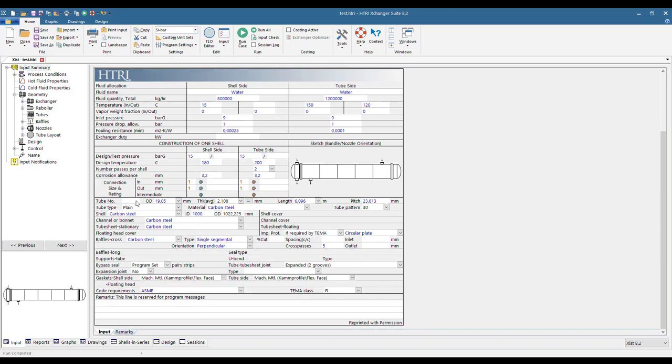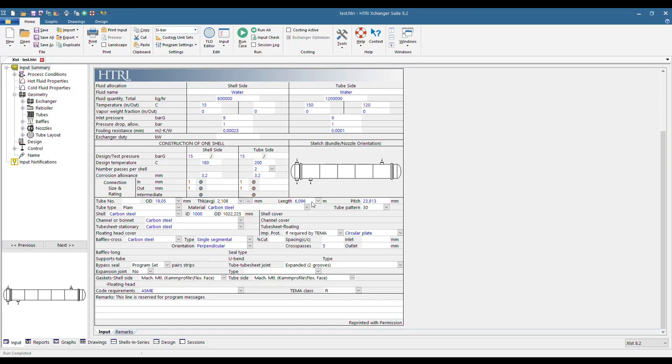Tube number is not specified. It will be automatically calculated from the shell diameter. The shell diameter you have here is 1 meter. The tubes are 3/4 of an inch tubes, BWG 14, so thickness is 2.11.